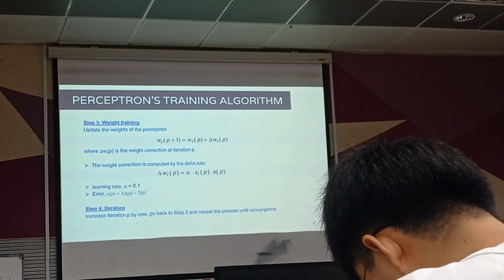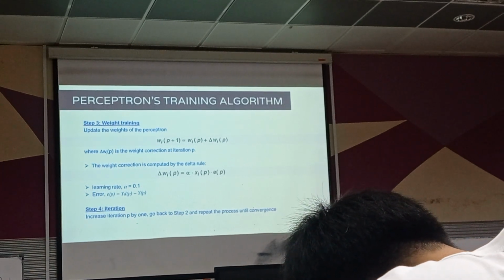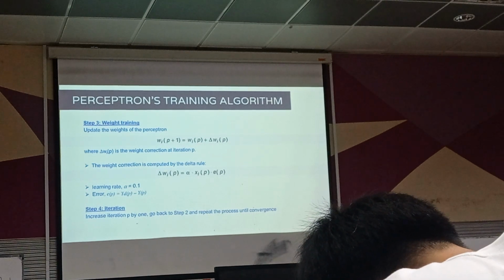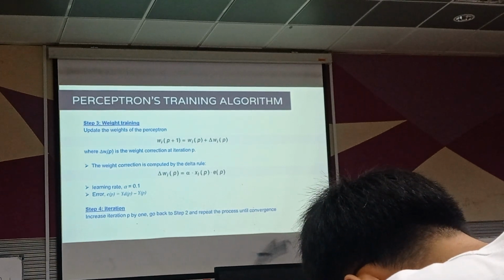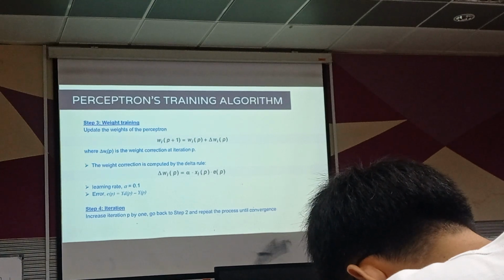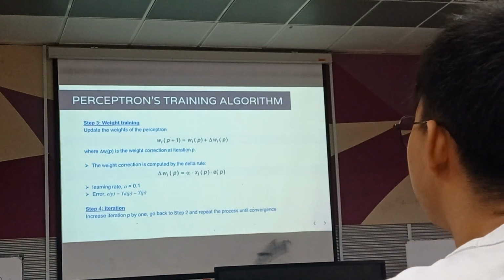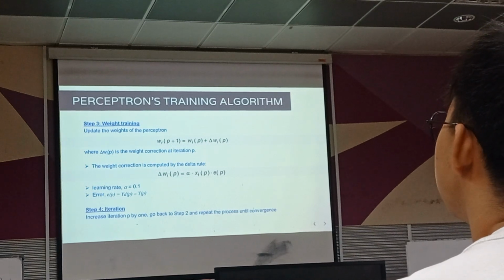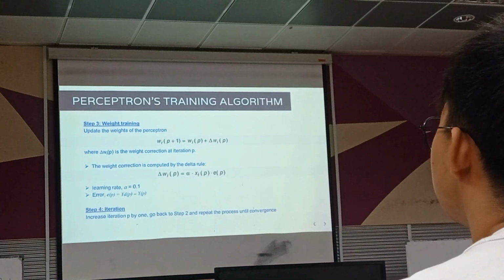By default, we use 0.1. It's how fast you want the machine to learn. So normally we set 0.1 by default, multiplied with the input value, multiplied with the error. That's it.